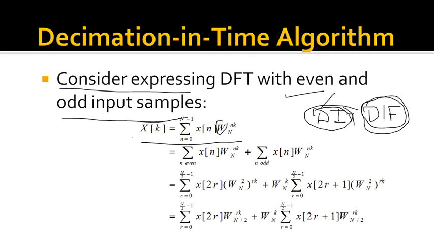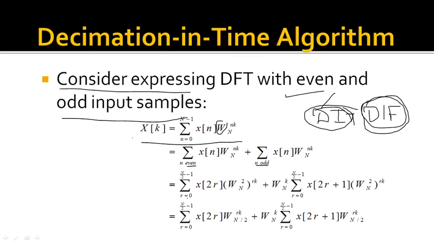So I will take the even part first: for n even, x of n W n k, plus the odd part. For n even, I put 0, 2, 4, 6, and for odd, 1, 3, 5 and 7. In this way I have divided the first formula. Since capital N runs to N minus 1, I divided into even and odd parts by n by 2, so I write n by 2 minus 1.